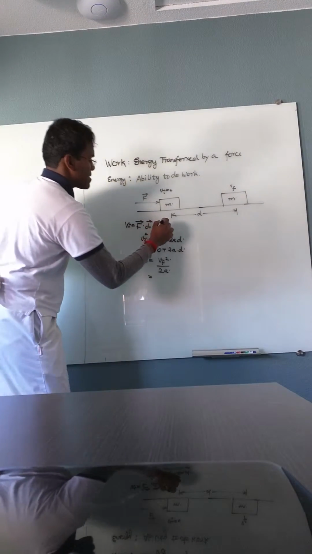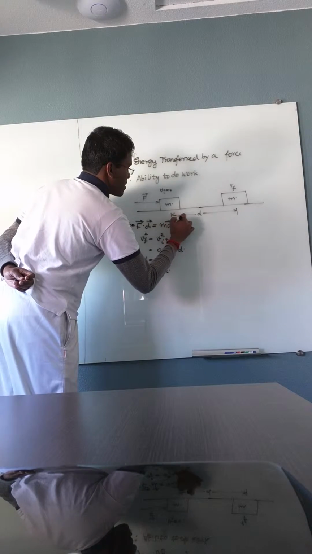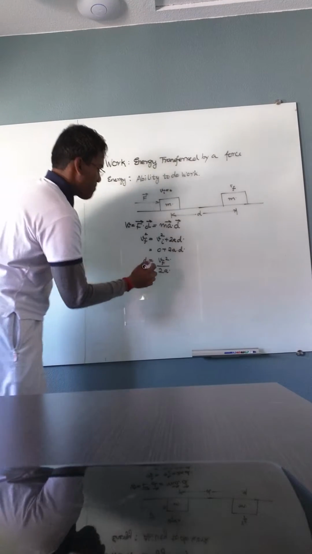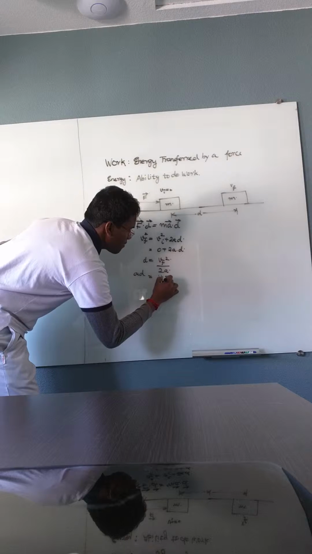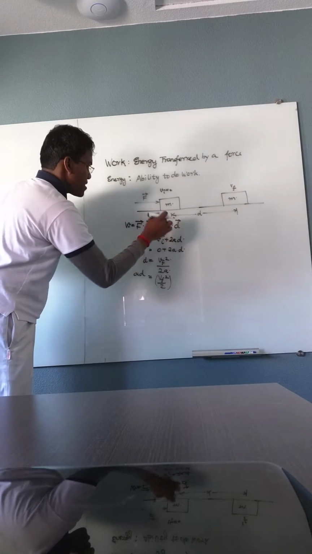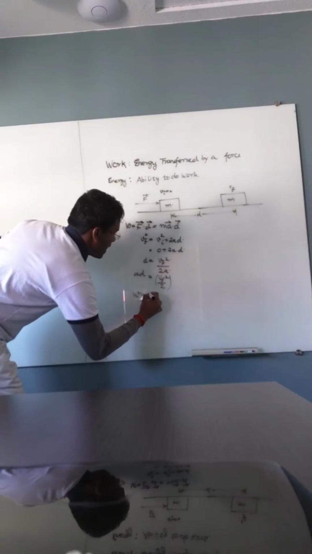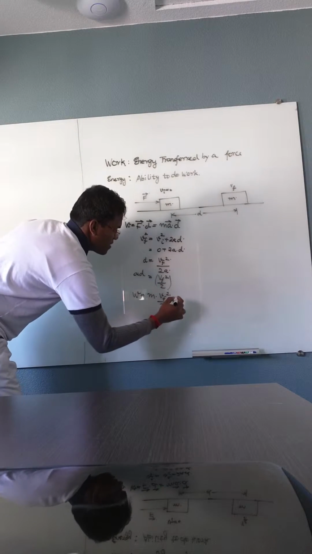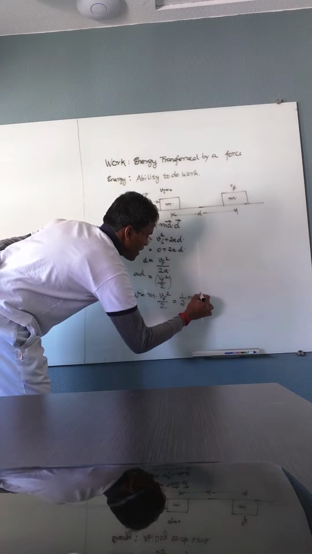Your force can be written as mass times acceleration, times the displacement. So a into d can be written as Vf square by 2. So when we plug this in we get work as m times Vf square by 2, which is nothing but half m Vf square.